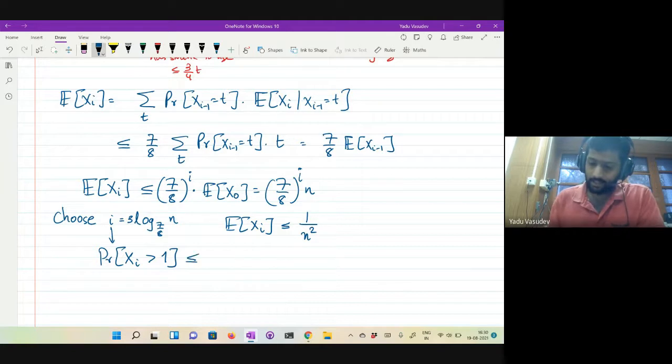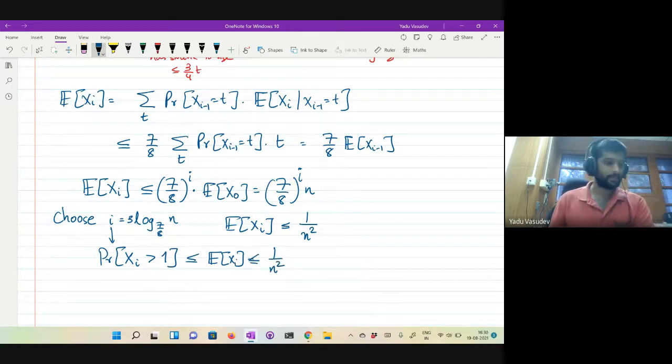This by Markov's inequality is less than or equal to expectation of xi, which is less than or equal to 1/n squared. So if you fix an element A, the probability that the array size containing A at the ith level of recursion is greater than 1 is less than 1/n squared. Correct? This is for a fixed A.